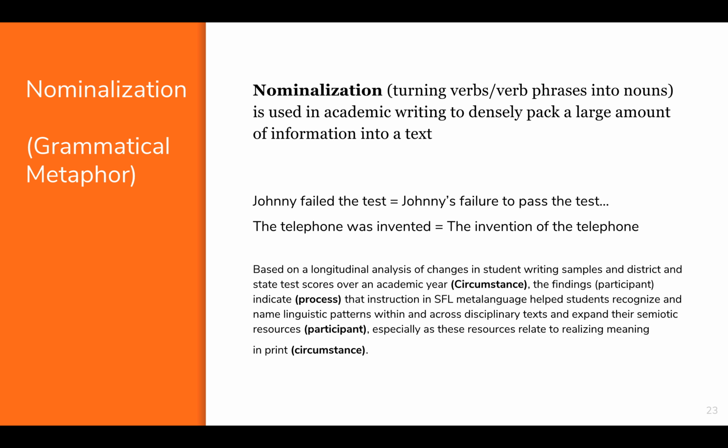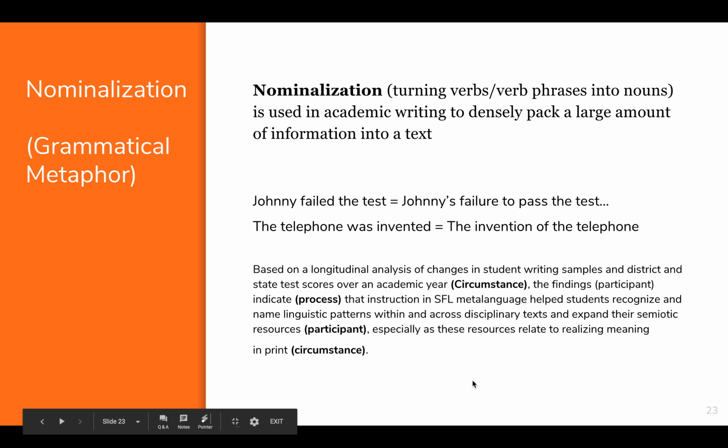So you can think of this one way as turning processes, new processes, into known participants. For instance, Johnny failed the test. Nominalized becomes something like Johnny's failure to pass the test. Or the process of inventing, the telephone was invented, becomes, in a nominal phrase, the invention of the telephone.